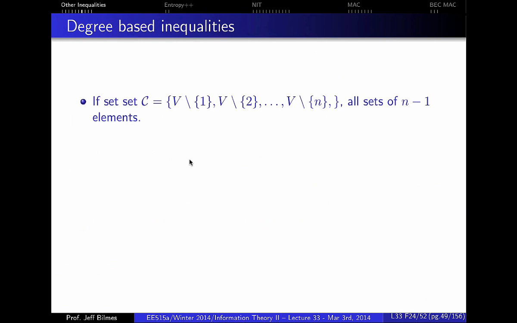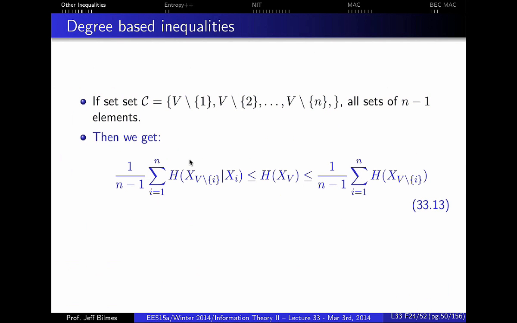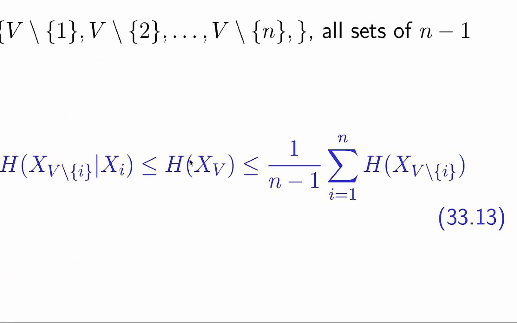If, on the other hand, we take all sets of n-1 elements, then we get this. The entropy is upper bounded by the sum over all sets of n-1 elements, divided by n-1.